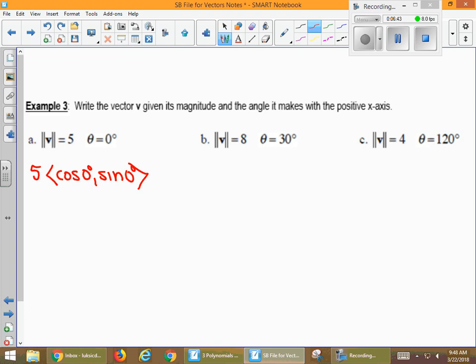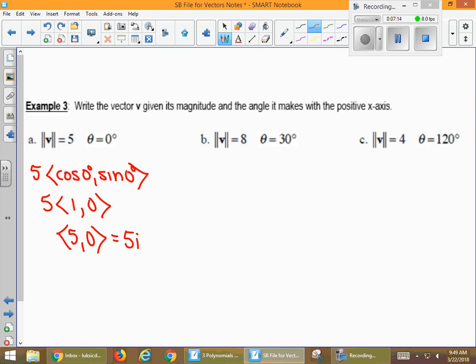I really feel like degrees are something that happens to us. We get so good at radians. What is cosine of 0? 1. And sine of 0? And then you can multiply your 5. I'm going to write it both ways just so we practice component form and the ij form.